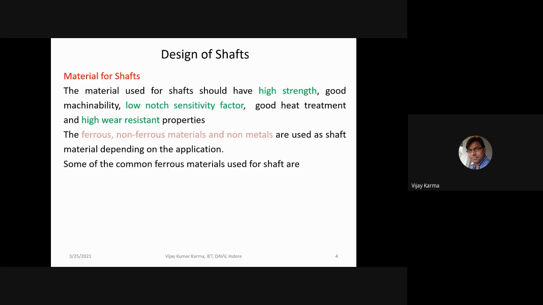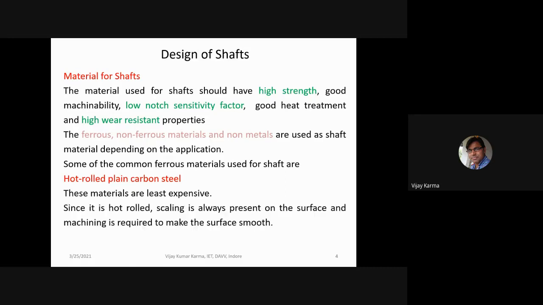Some of the common ferrous materials which are used for the shaft are hot rolled plain carbon steel, and these materials are least expensive. Since it is hot rolled, there are chances that scaling will always be there on the surface of the shaft, and to make the surface smooth, machining is to be done.